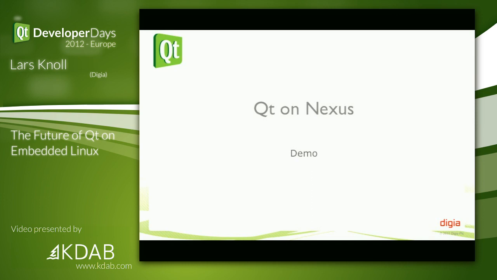ICU for Unicode is quite a large package. Is it a hard dependency of Qt5, or can we get a fallback from Qt4? Currently, you can basically use Qt without ICU, and there are discussions whether we want to make it a hard dependency or not.